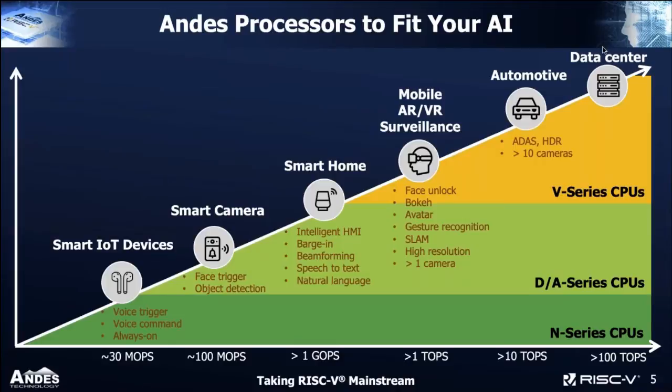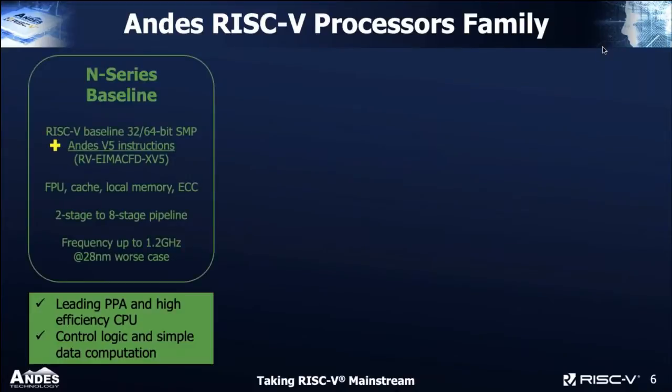On the high end, data center applications, which may require multi-cluster solutions as well. So we have different processors for different application spaces. Let's talk about those in a little more detail.